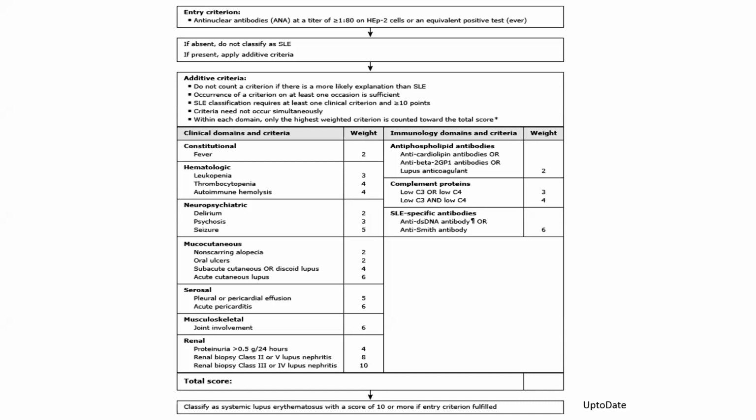Let's say the patient has both leukopenia and thrombocytopenia, then the patient would only get 4 points from the highest weighted one. And let's also say the patient has oral ulcers, she gets 2 more points. If you look at the immunology domain, if the patient has presence of double-stranded DNA antibody, then it would count as 6 points, and the total would be 12, so it will be more than 10, and the diagnosis of SLE can be made.